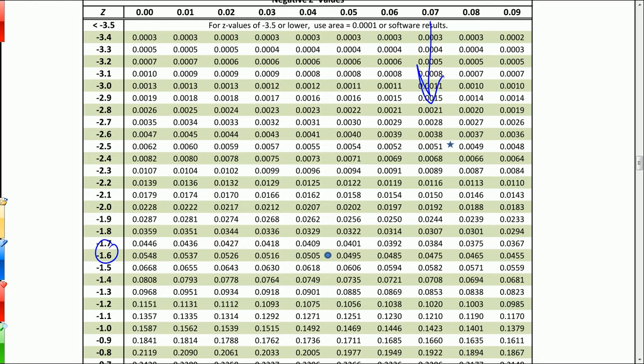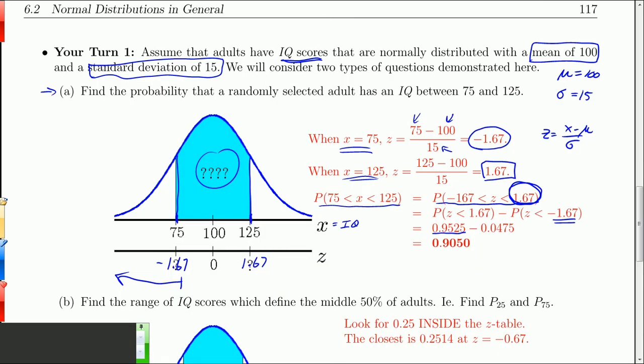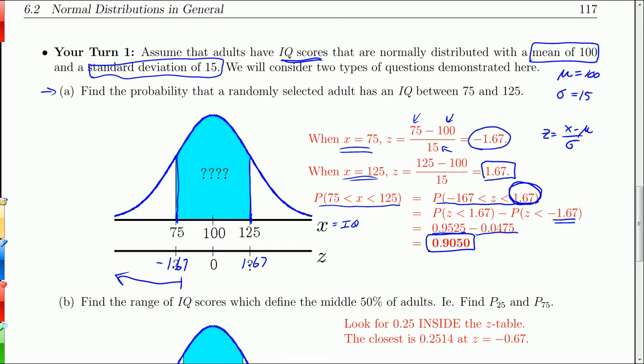That gives me 0.0475. So that's the smaller area. When I subtract the smaller one from the larger one, I get 0.9050. So this area, which represents the probability we seek, is 0.9050. That basically says about 90% of us have an IQ between 75 and 125.